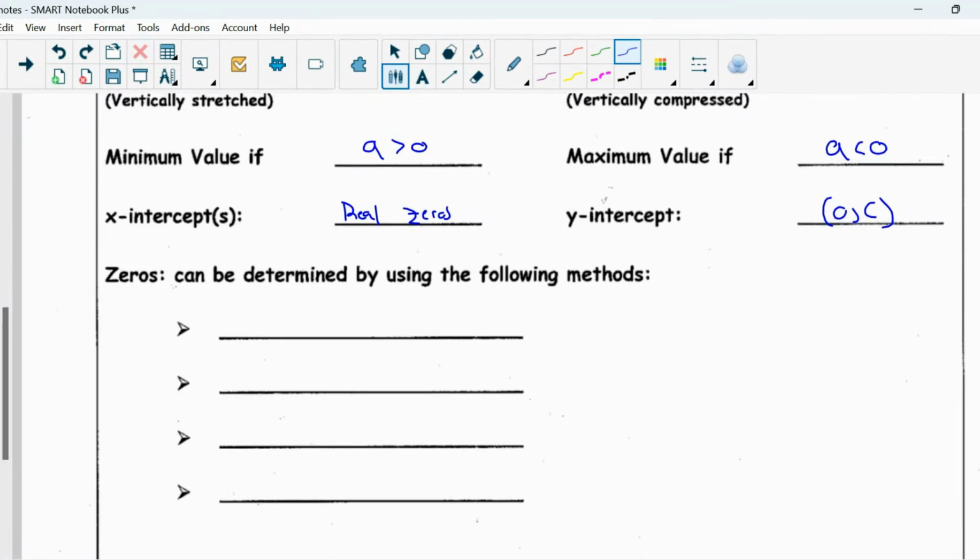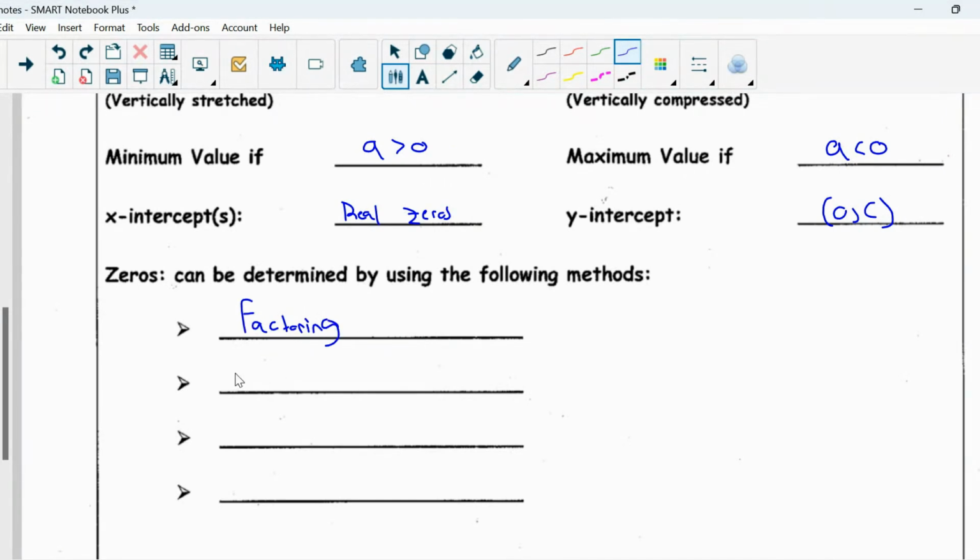So we can also find zeros of quadratics. I'm not sure necessarily which order we'll be teaching these in yet, but all of the following skills are valid ways to find the zeros of a quadratic. The first way, and probably all of your favorites, will be factoring.